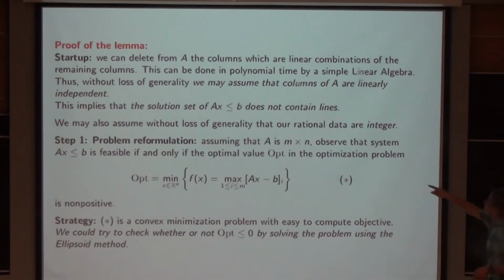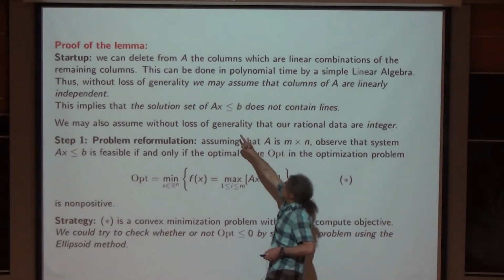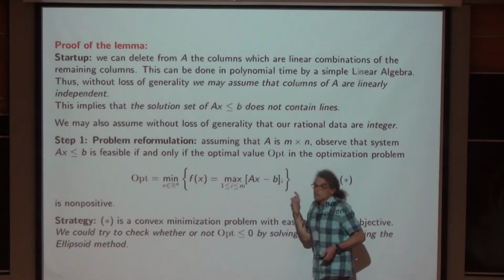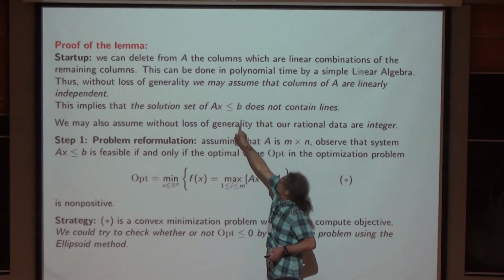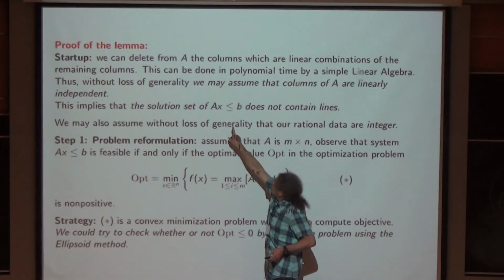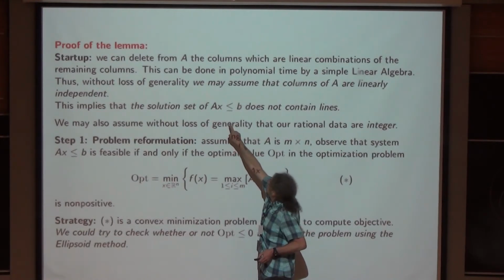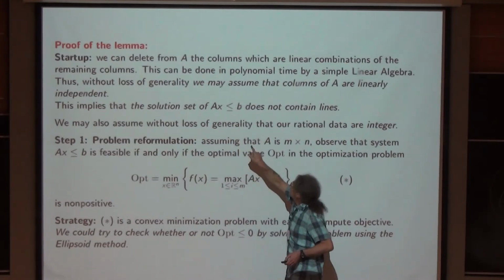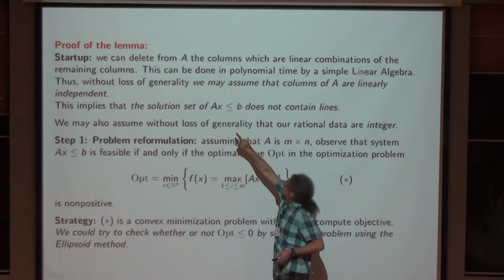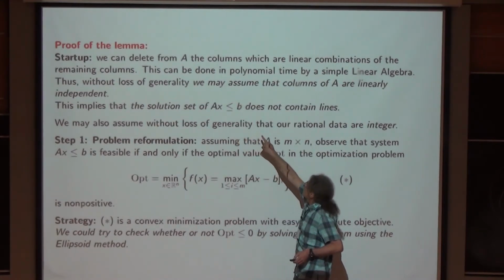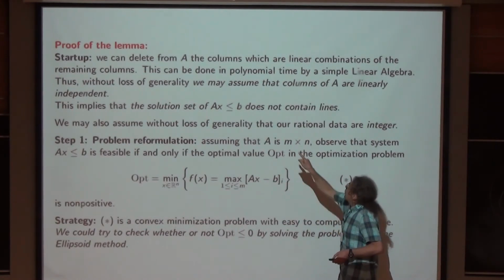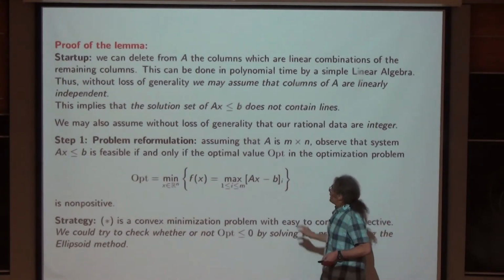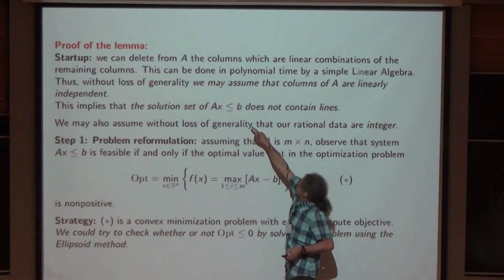And we will reformulate our feasibility problem as an optimization problem. Look, what does it mean that all the inequalities hold? We have a_i transpose x less or equal than b_i, where a_i transpose are just the rows of A. So they all should be less or equal than b.